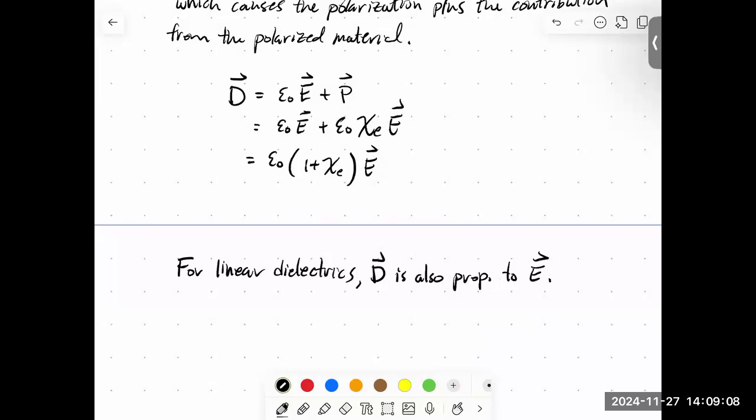There are some materials for which you can have a frozen-in polarization, so even in the absence of an applied electric field, you could still have some alignment of your dipoles in that material. These would not obey the stuff that we're going to talk about today.